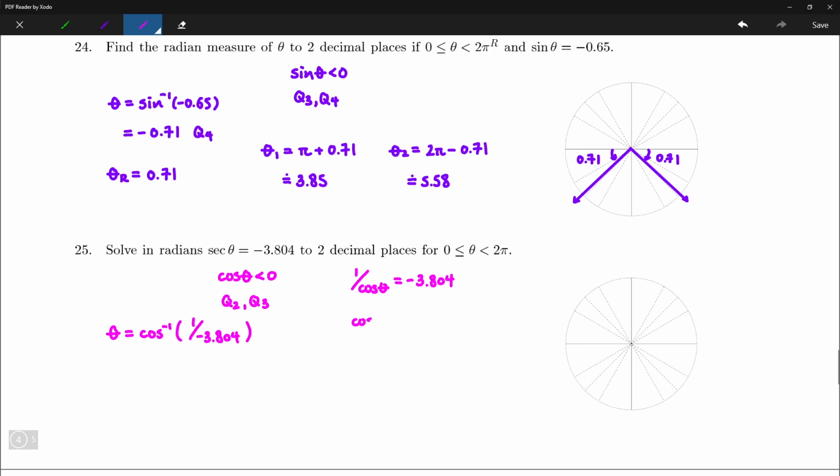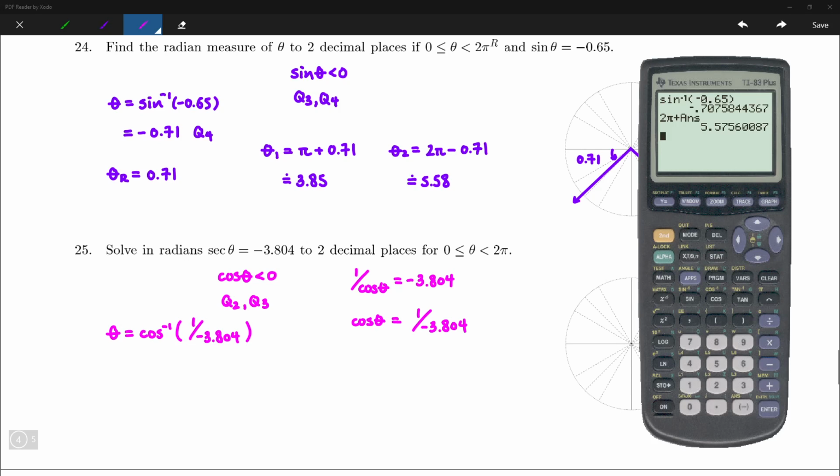So that means cosine theta must be equal to 1 over negative 3.804. And that's why we're going to put the instruction in the calculator thusly. So here we go. Arc cosine 1 over and then negative 3.804. And that will give us 1.84.